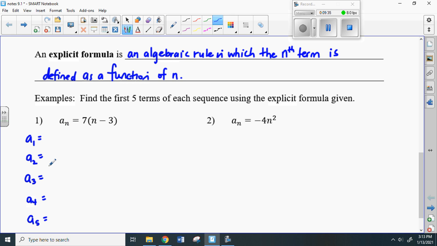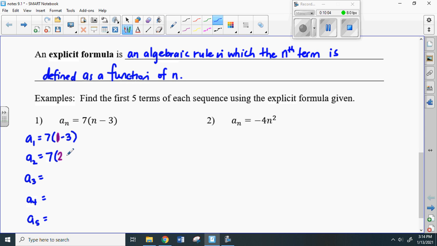So what am I technically doing? Well, I'm technically putting this little number in place of n. But if I do it on one side of the equation, I have to do it on the other side of the equation. So I'm going to put 1 in place of the n, okay, in the formula. And then I'm going to plug 2 in place of n.